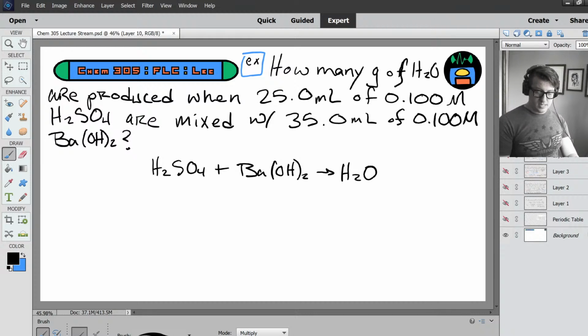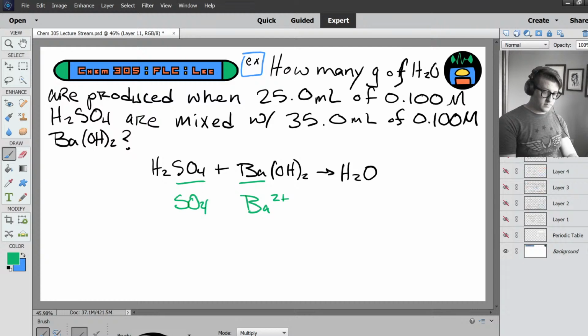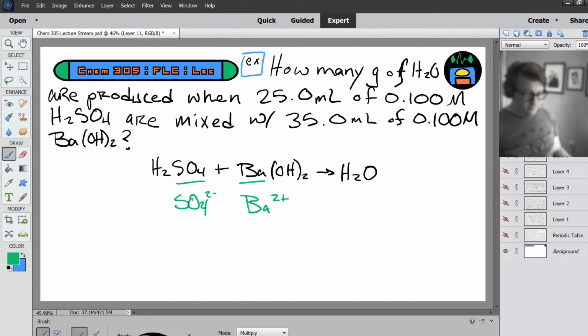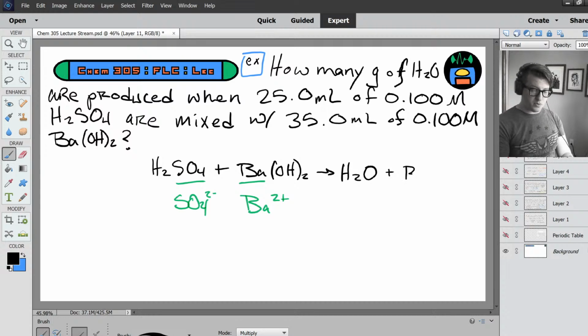Now our salt is going to be made up of barium, which will be the cation, charged +2. The conjugate base here, what's left over after H2SO4 donates both of its H's, is a molecule of sulfate, right? SO4 with the -2 charge. This is one of our polyatomic ions. And so these will combine in a 1-to-1 ratio.